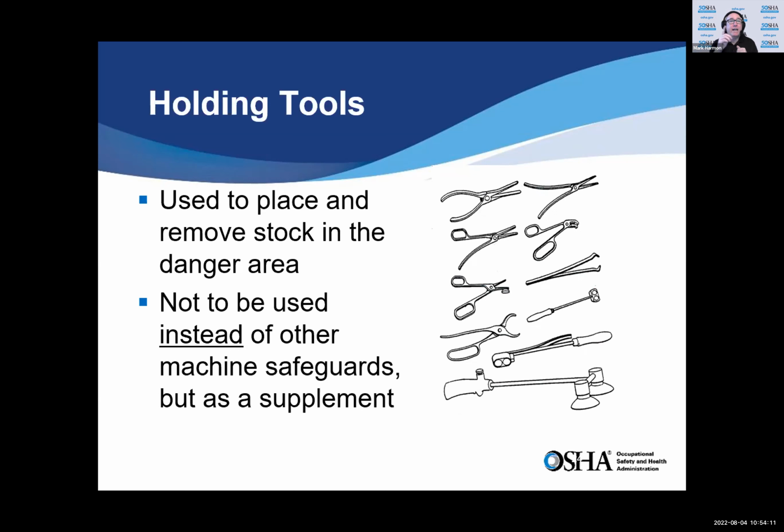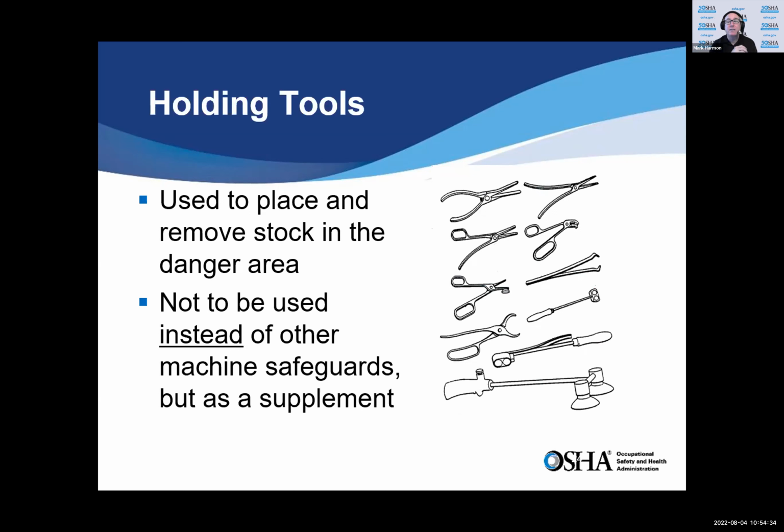You don't want that pair of pliers to become a projectile or break apart. And that could happen, because you have to imagine the force or energy these machines have. If they're closing, they can have several tons of energy.